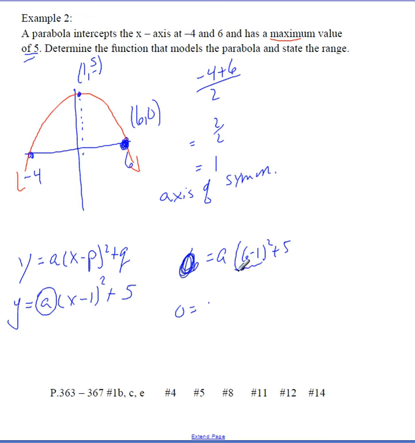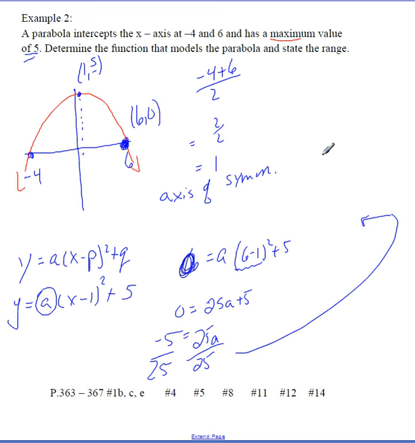This is going to be 5 squared, which is 25. Bring this over. So it'll be negative 5 equals 25 times a. Now to get a, you divide both sides by 25. So up here now, we have a equals, because 5 goes in 25 5 times, so negative 1 over 25.